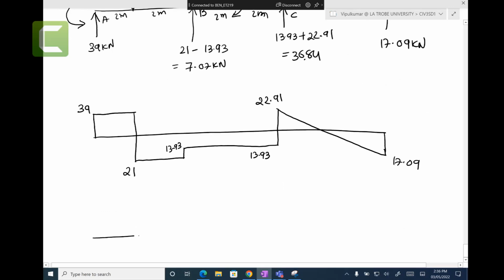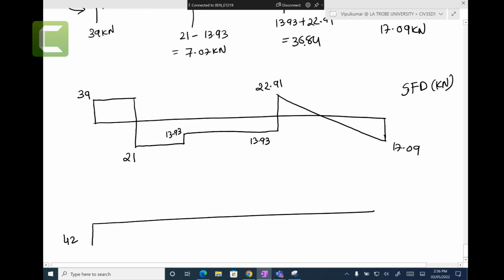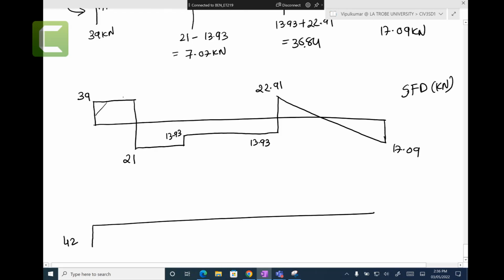Right, bending moment diagram, SFD in kilonewtons. So now we have 42, and then you will have this value of 39 times 2, 78. 78 take away 42 gives you 36.